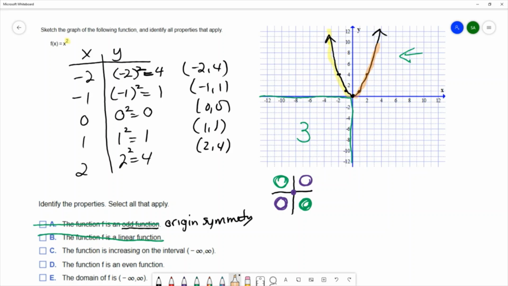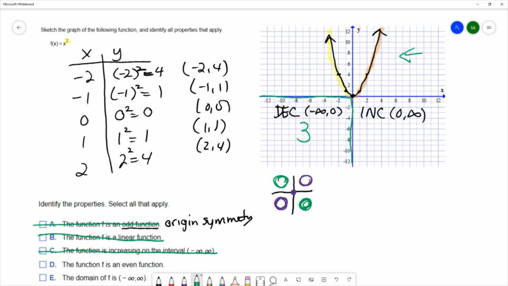So my function is not increasing from -infinity to infinity. It's decreasing along this section on the left, which is from -infinity to 0, and it's increasing on the section on the right, which is from 0 to infinity. So this statement does not apply.